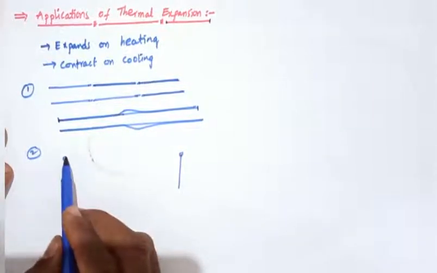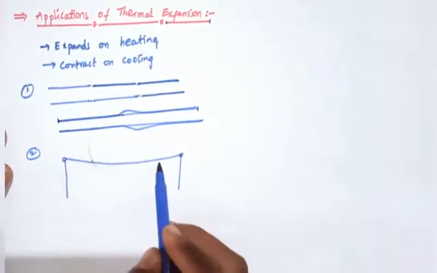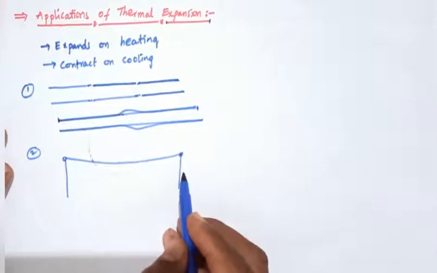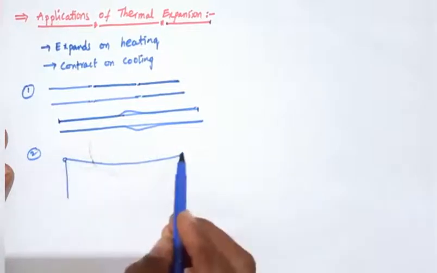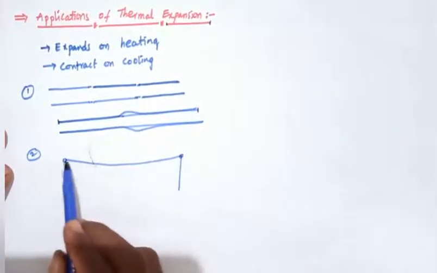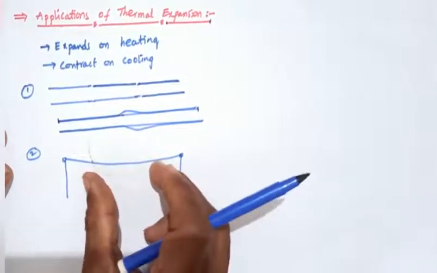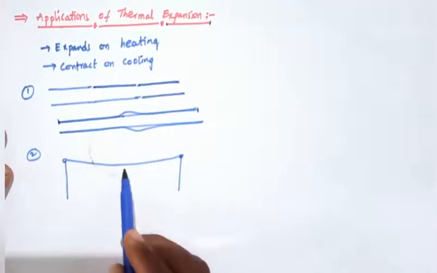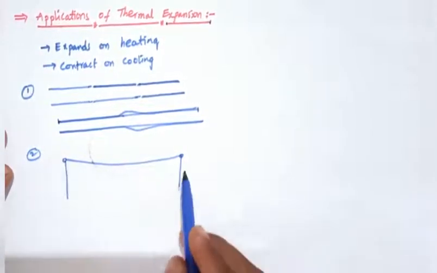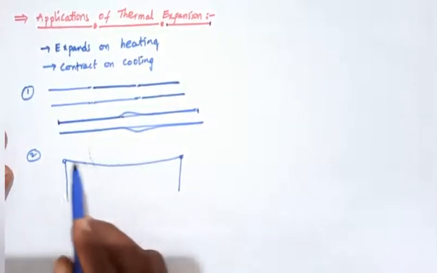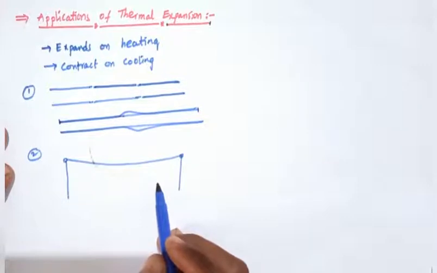The telephone wires are connected loosely between the two poles, because in winter season the wire contracts. If it were tightly connected in summer, in winter it would contract and be cut between the poles. Due to this reason, the telephone wires are connected loosely between the poles.